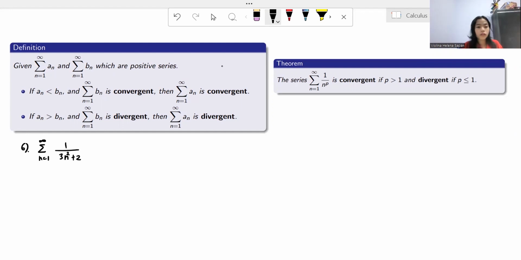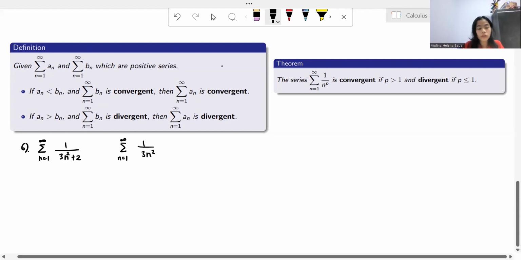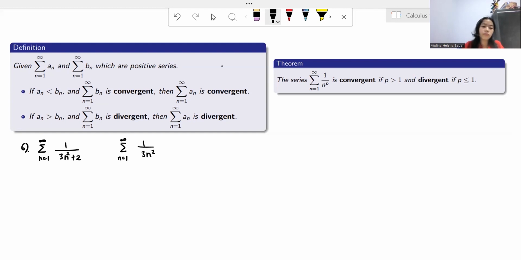So in this direct comparison test, we need to find if this series is convergent or divergent by comparing the original series with a more familiar series. So I'm going to use 1 over 3n squared. Okay, so why did I choose this series to be compared to the original series? It's because of these requirements.